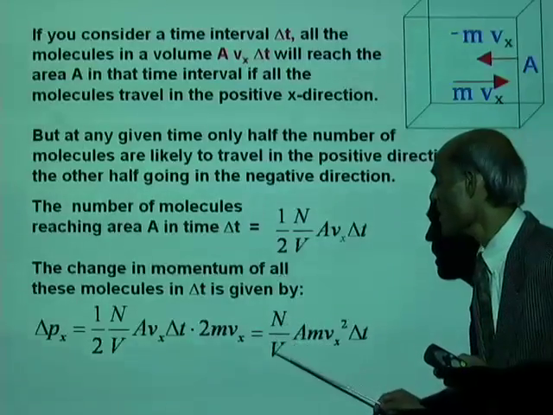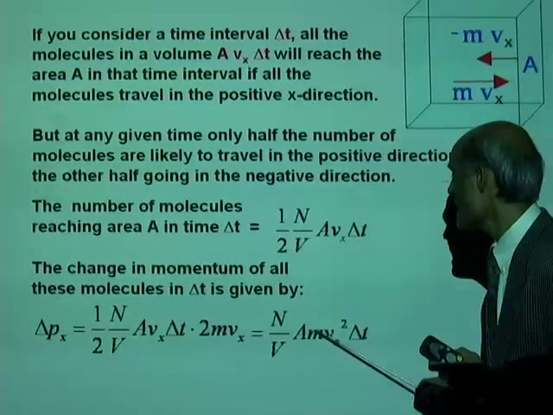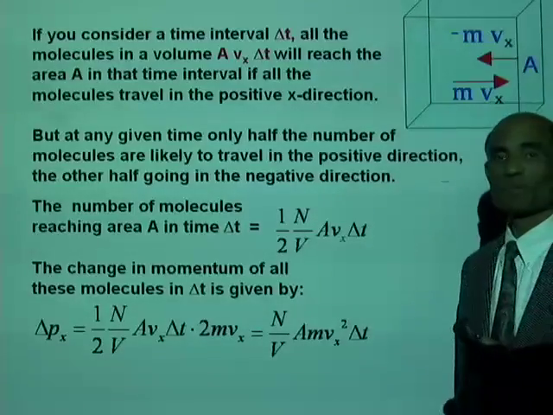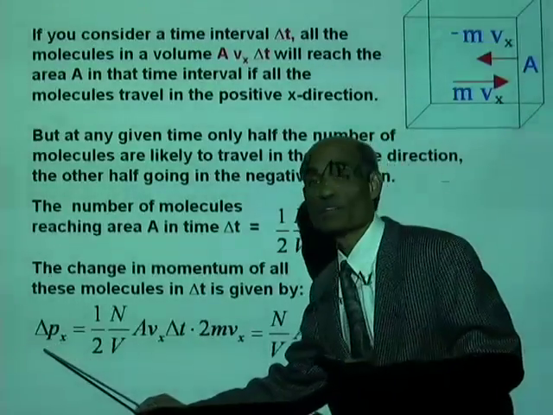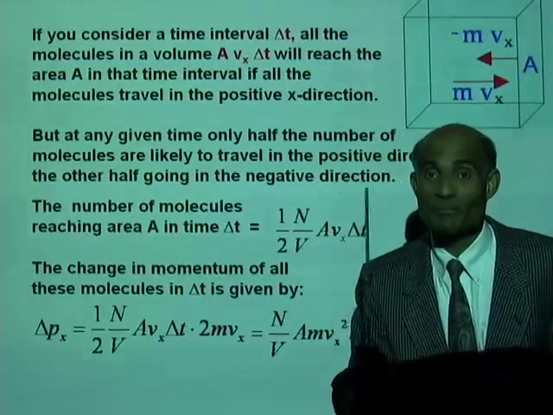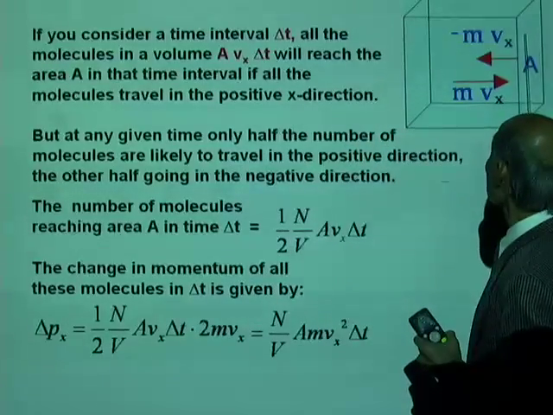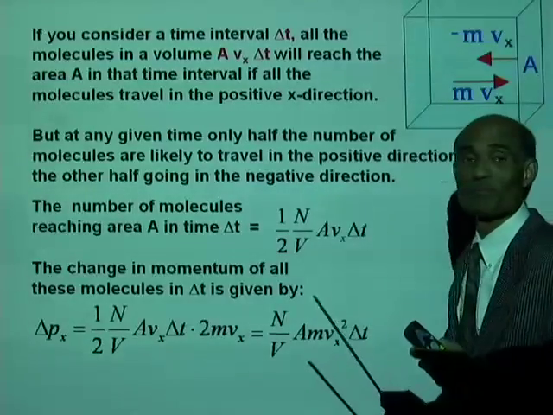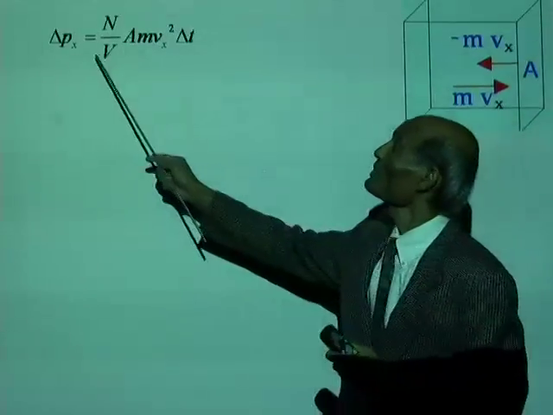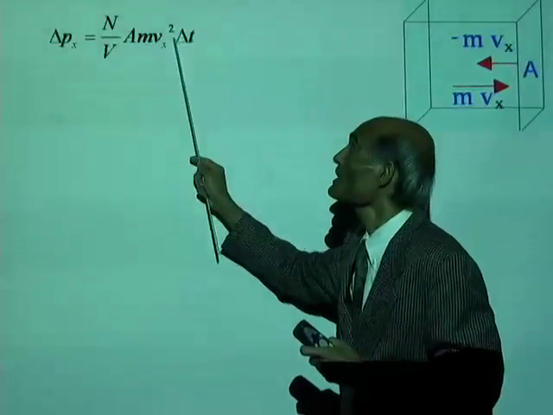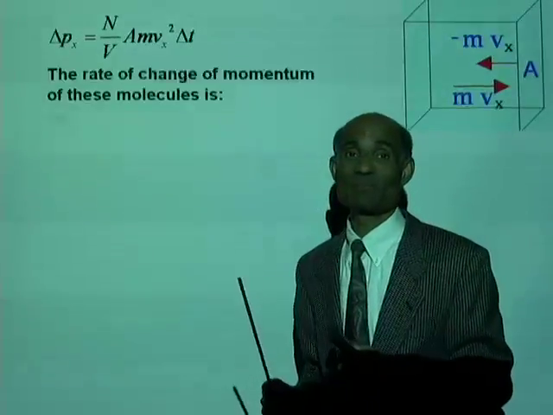That is N over V A m vx squared delta t. What does this represent? This represents the total change in momentum that happens at this wall during this time interval.